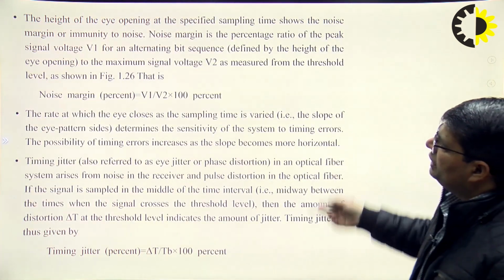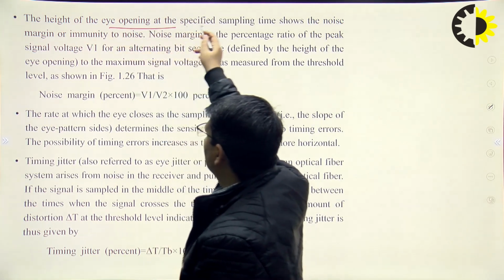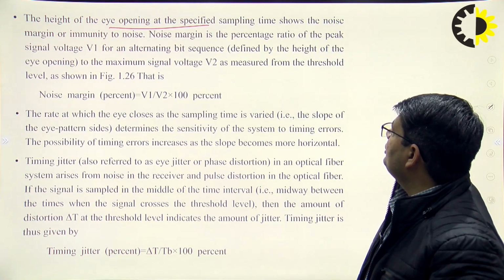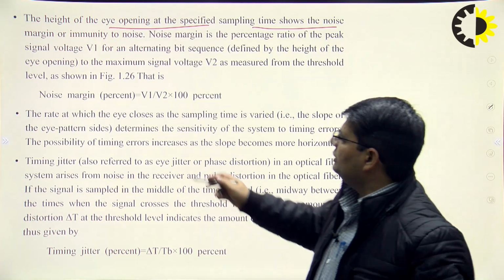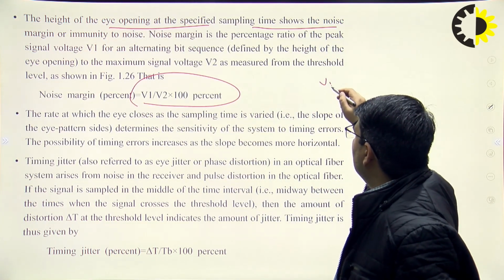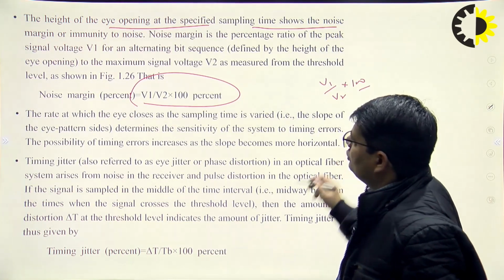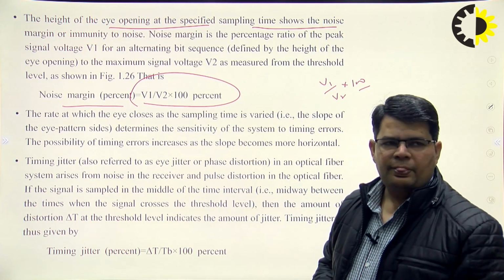These features have been explained here, like the height of the eye opening. It is telling us the best time interval in which the signal can be sampled. Noise margin, as discussed, there will be two voltages, V1 minimum voltage, maximum V2 into 100. So we can also comment about the noise margin of the system in terms of the eye diagram.